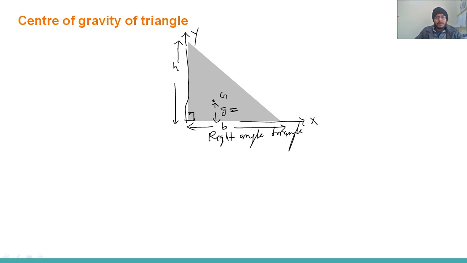So what we will do to calculate the x bar, we will take a segment. I am taking it here. This is a small segment.